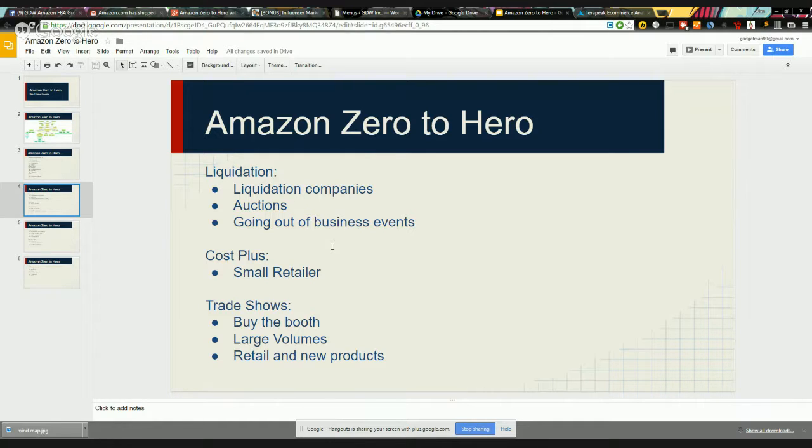You can also find refurbished products through a lot of the liquidation companies, iPads, iPhones, that kind of stuff, PlayStation 4s, Xbox Ones currently today. A lot of that's available through liquidations at good prices.